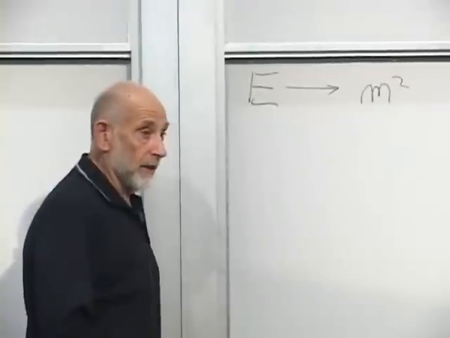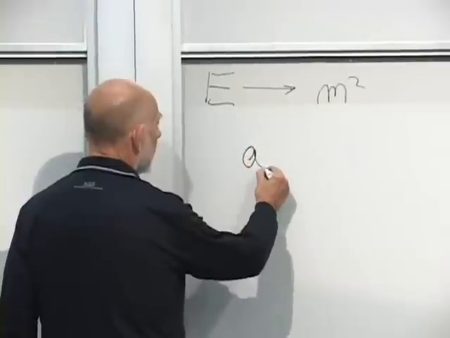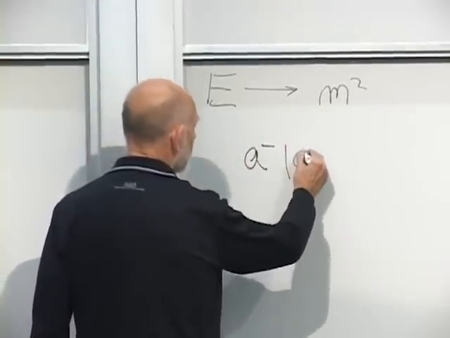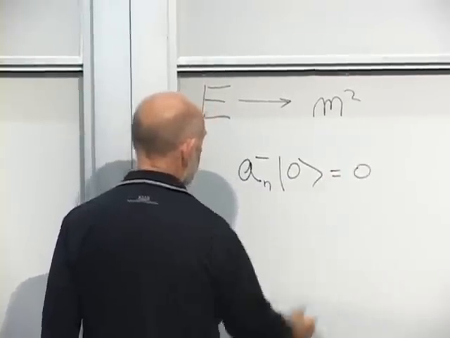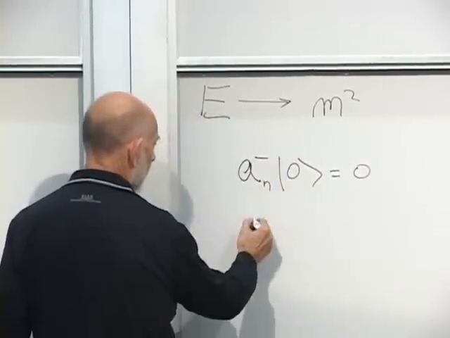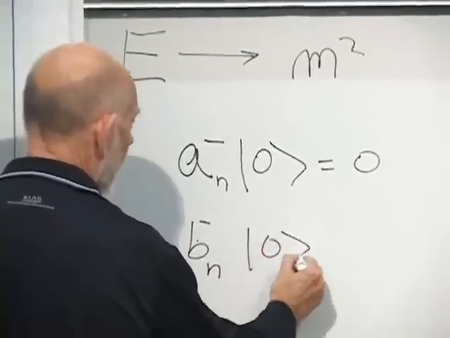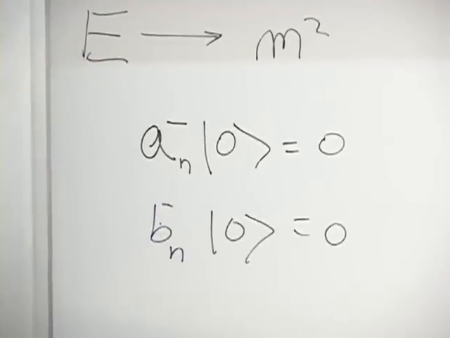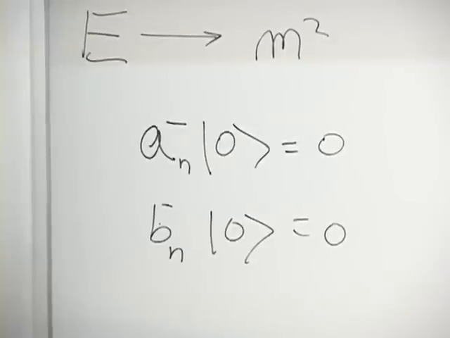The lowest state is the state which is annihilated by all the annihilation operators. In other words, it's the ground state. All the B's and all the A's, all the annihilation operators give 0. It's the state in which none of these oscillators are at all excited.